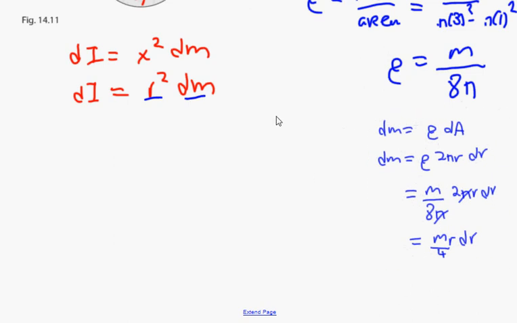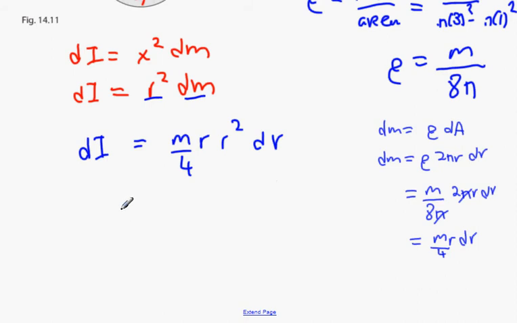Okay, next one is we're now at this point here, so we're going to change this to dI. The dm changes into m over 4 r times r squared dr.